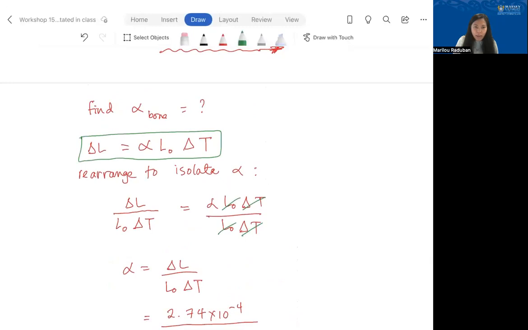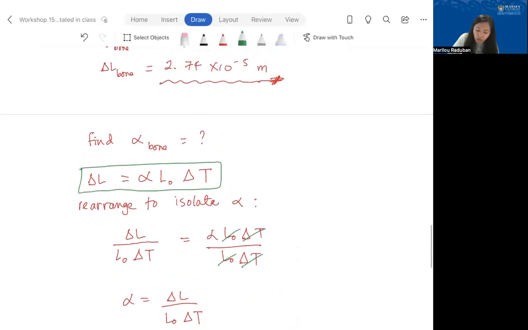Another shorter way to solve this is to look at the equation: delta L is equal to alpha times L0 times delta T. You can see that delta L is directly proportional to alpha. That means that if delta L for the bone is 20% of the delta L of HA, then the alpha for the bone should also be 20% of the alpha of the HA.